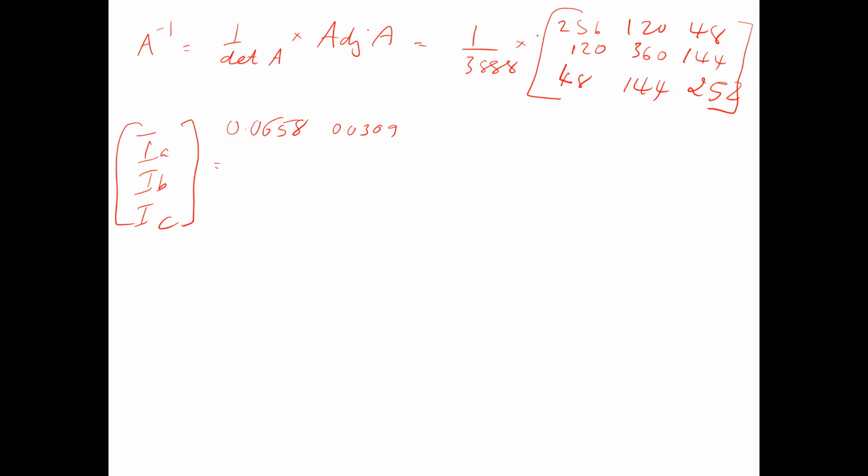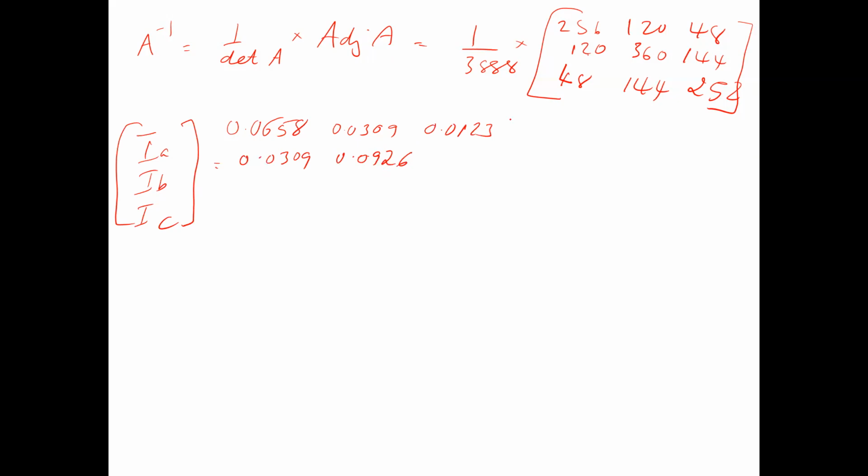And then if we divide 48 by this value, it will be 0.0123, okay? And then 120 divided by this value again will be the same value as 0.0309, and then 360 divided by 3,888 will be 0.0926. You can do it by calculator, guys, okay?